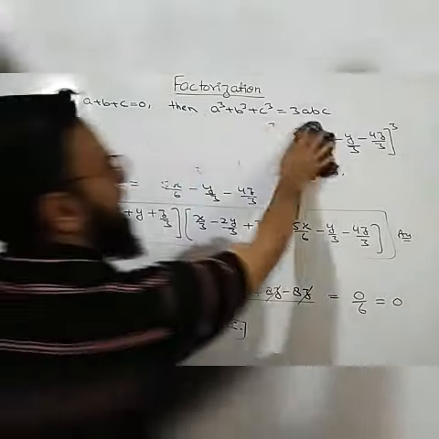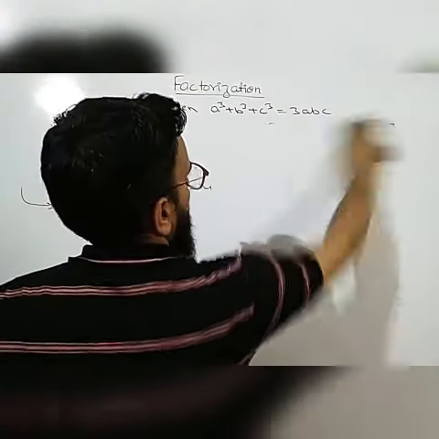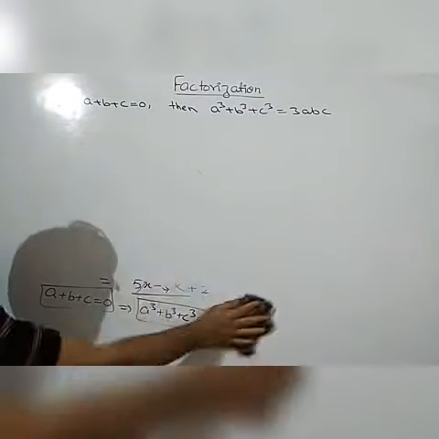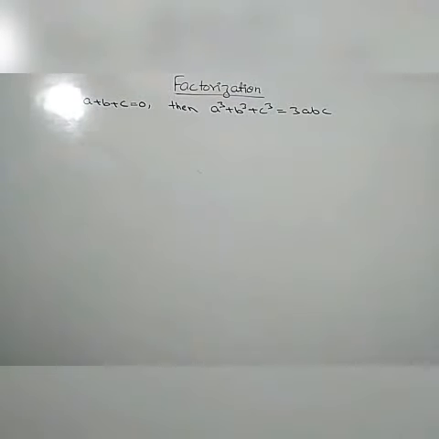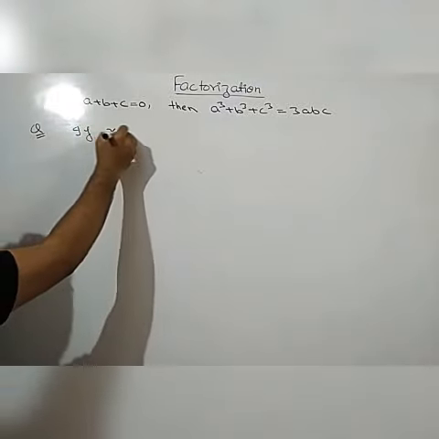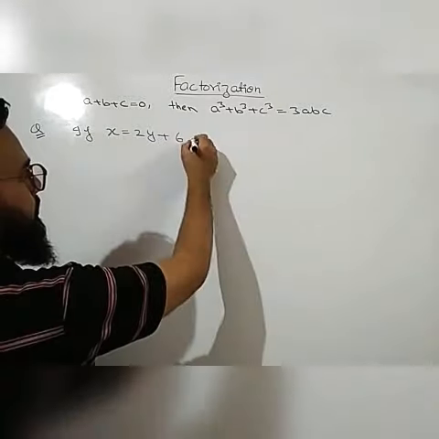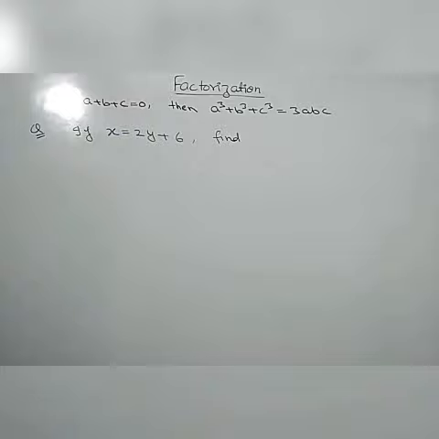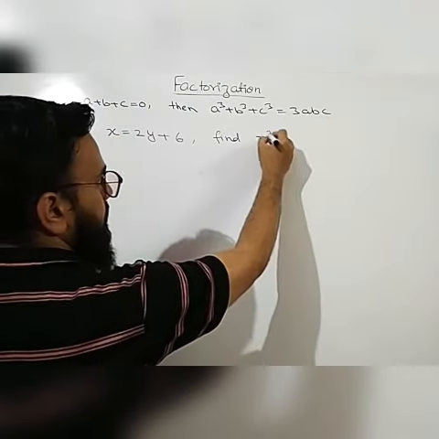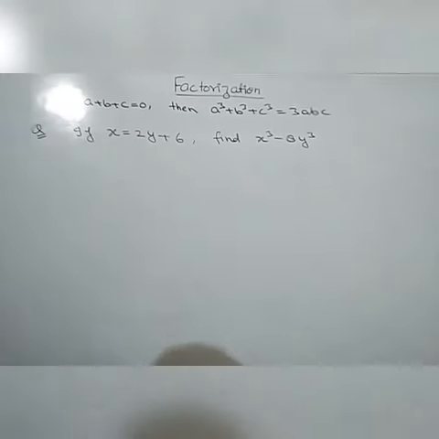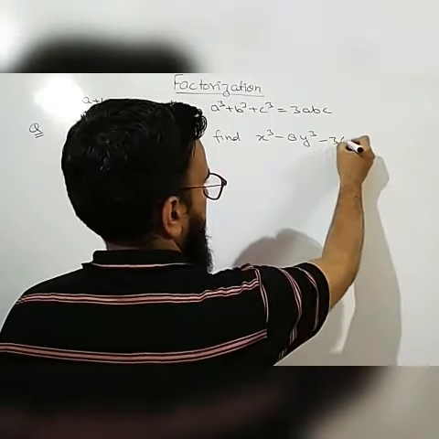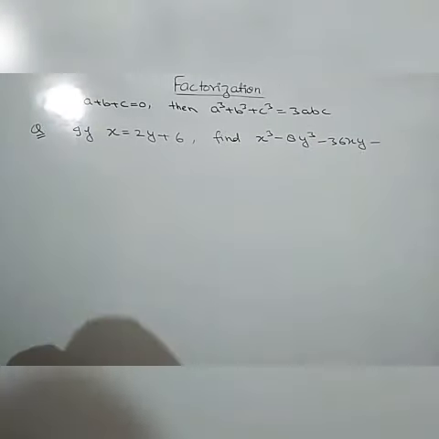Now the most important question. Now we are given, question is, if x is equal to 2y plus 6, then find the value of x cube minus 8y cube minus 36xy minus 216.